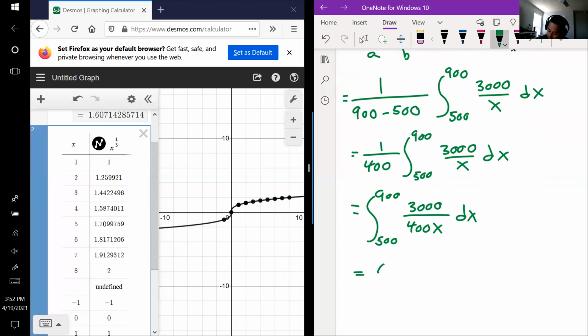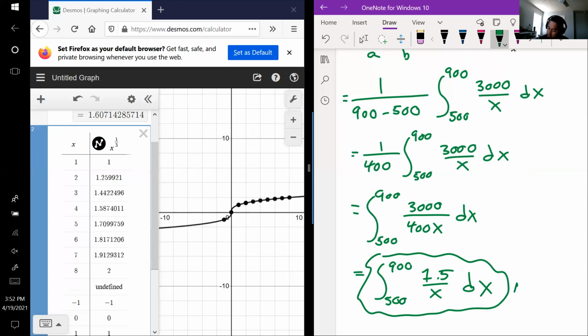So now we get the integral from 900 to 500 of 7.5 over x dx. So this answer is for one part of my math lab question, which means now let's go ahead and find that antiderivative.